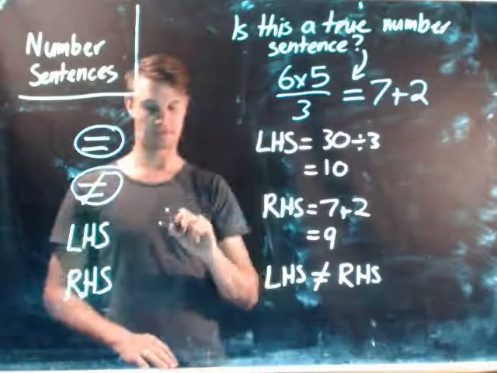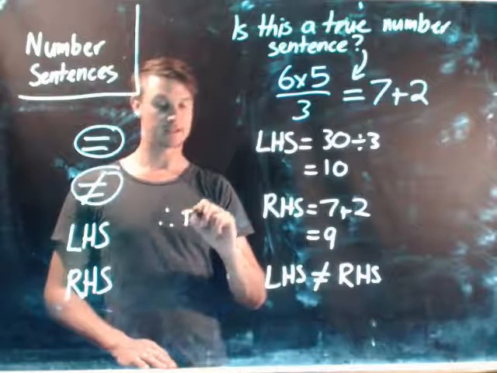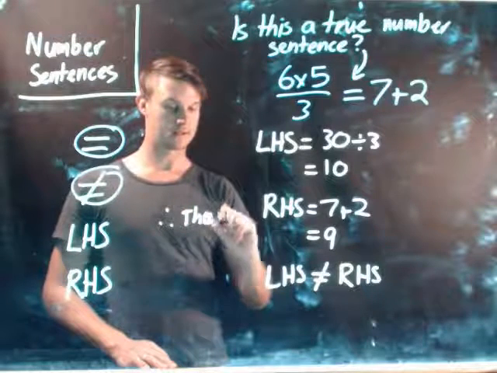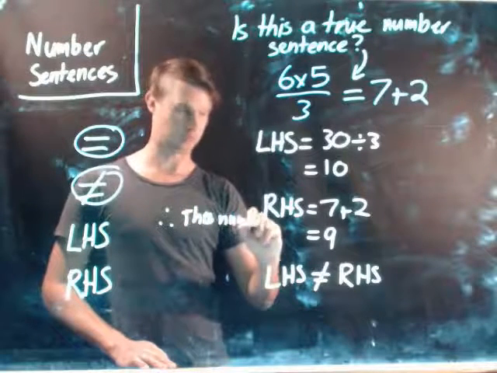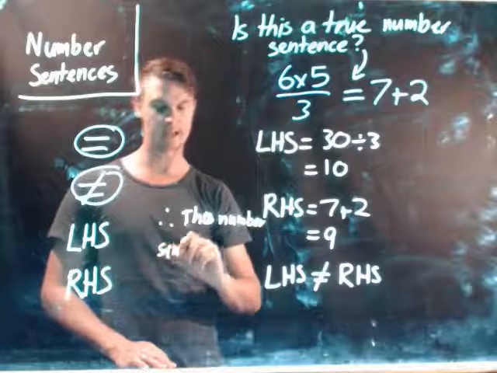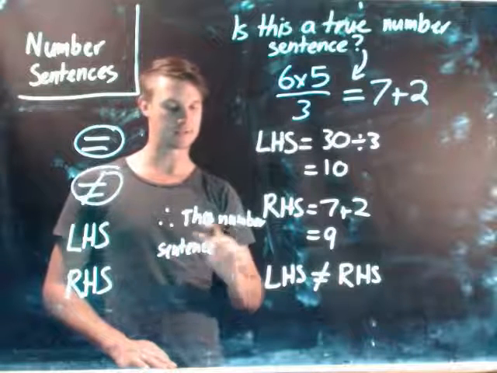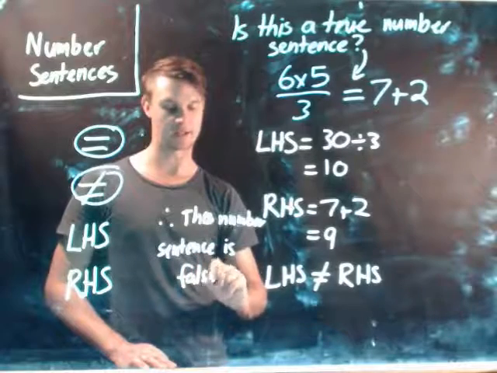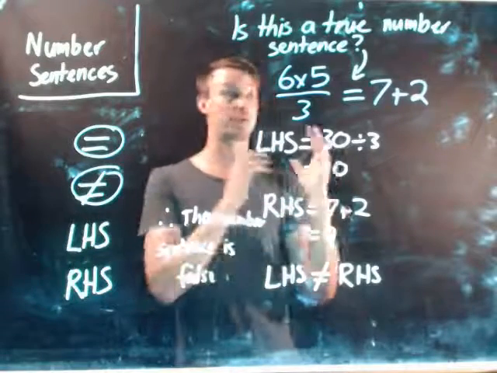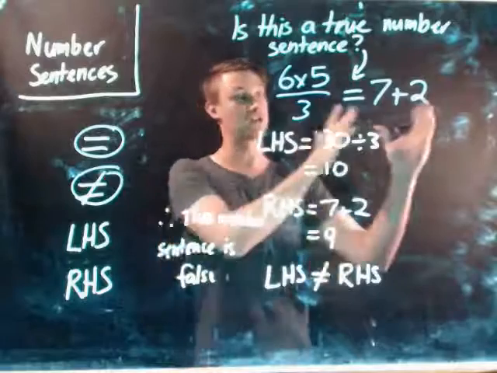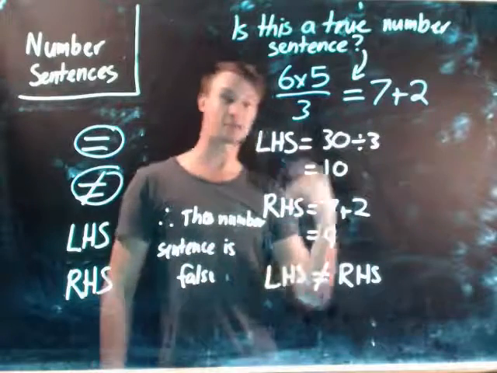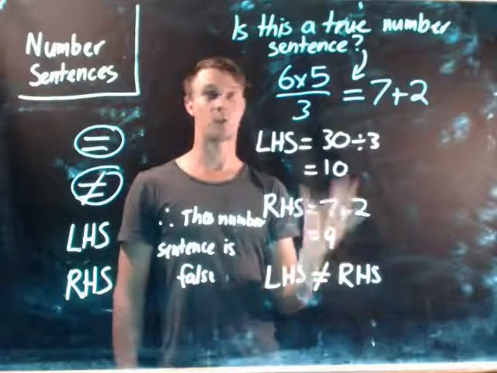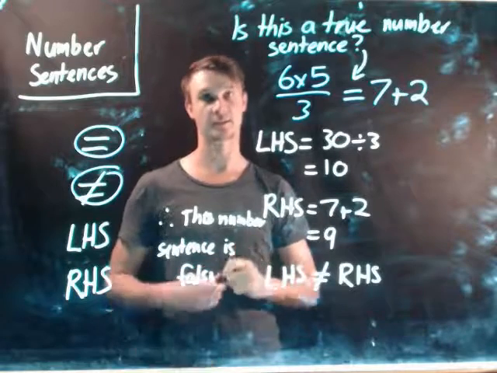Therefore, and I'll write this over here, this number sentence is false. So that's how we can tell if a number sentence is true or not. You break it down into two parts, your LHS and your RHS, do the equation, fill it out, and then you compare once you know the LHS and the RHS. Thanks, boys.